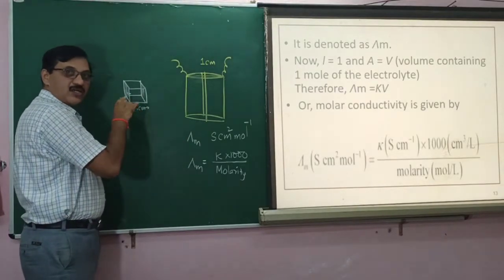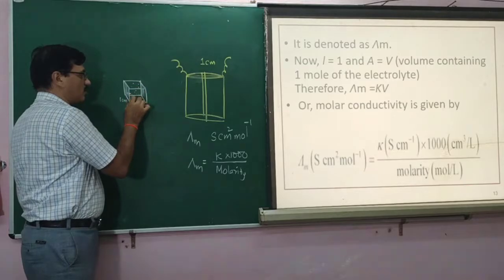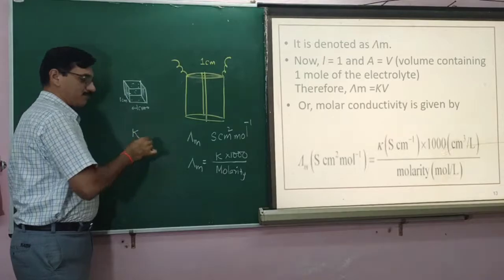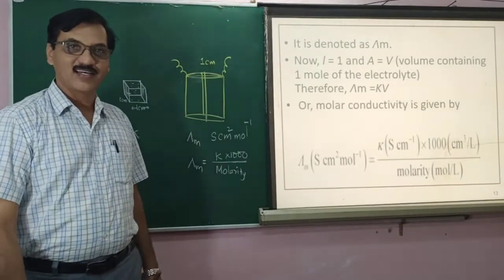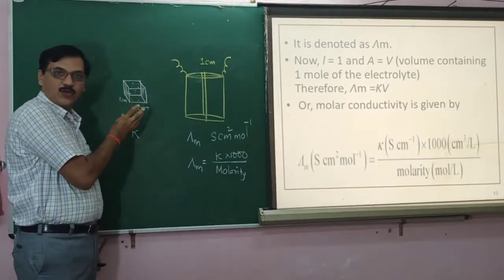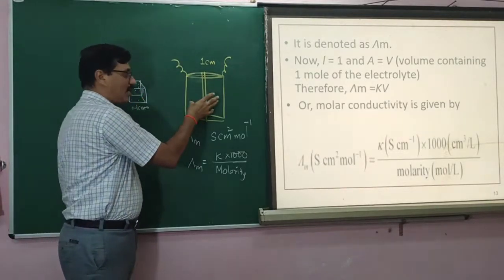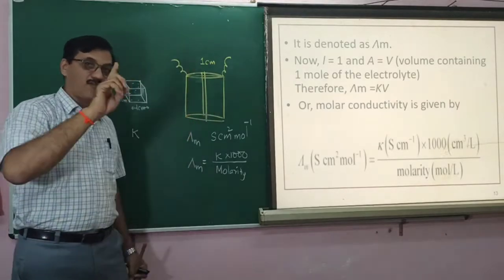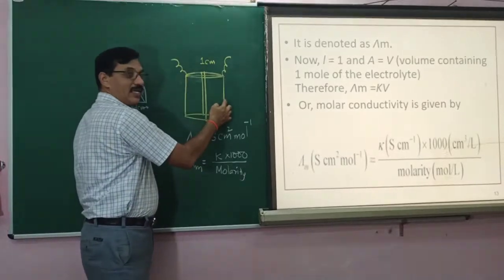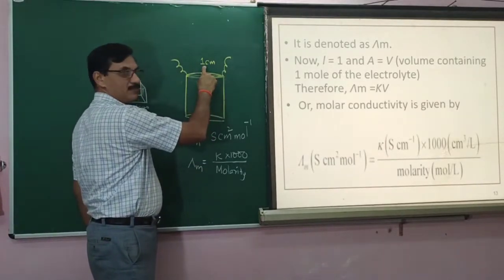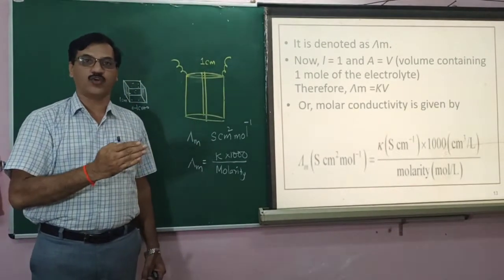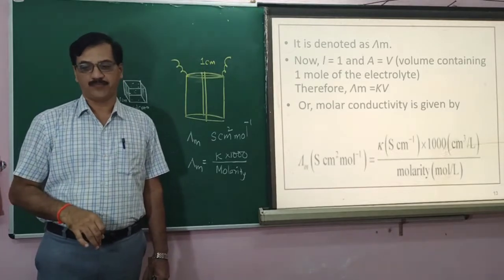So the conductance of the ions present in a unit cube of solution is nothing but kappa. Conductivity is the conductance of the ions present in a unit cube of a solution, whereas molar conductivity is the conductance of 1 mole of electrolyte present in dilution V, kept between the electrodes which are 1 centimeter apart, and the area of cross section of the electrode is so large as to occupy the whole of the solution between them.